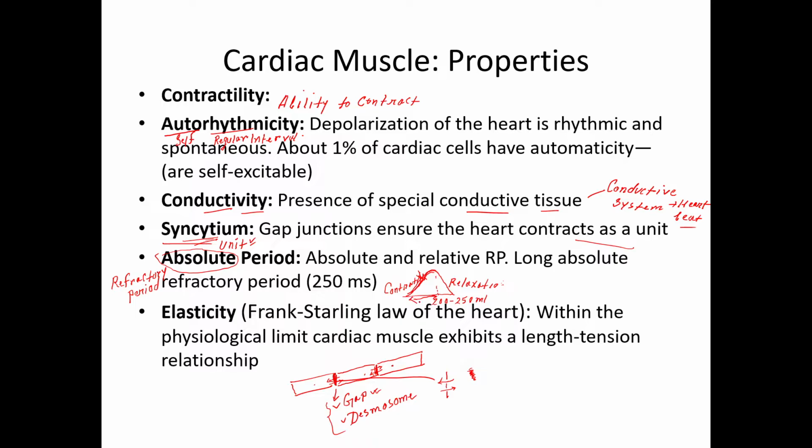During that period of contraction, that means first part of contraction, if you give a stimulus to the heart muscle, it will completely ignore it, totally ignore it, will not respond at all to that stimulus. Even if that stimulus is strong, heart muscle will not listen to it.